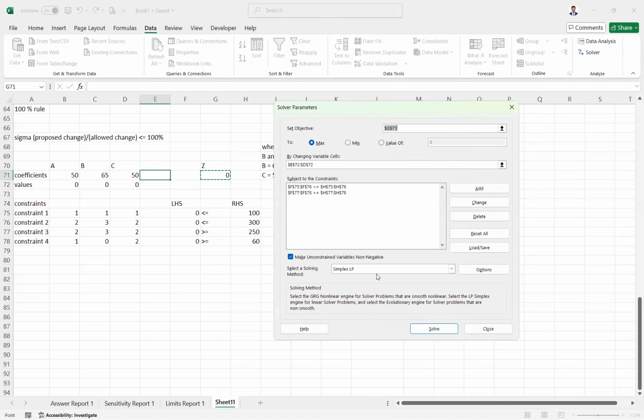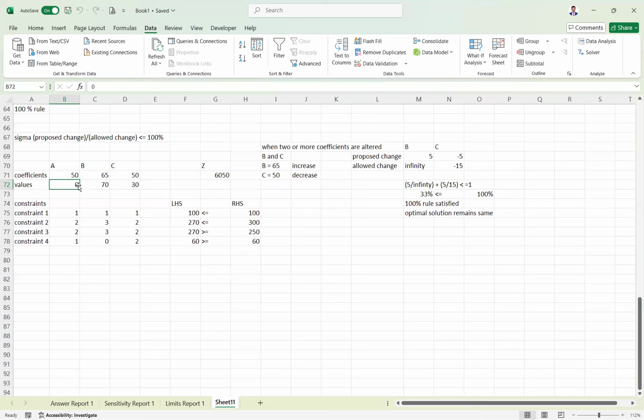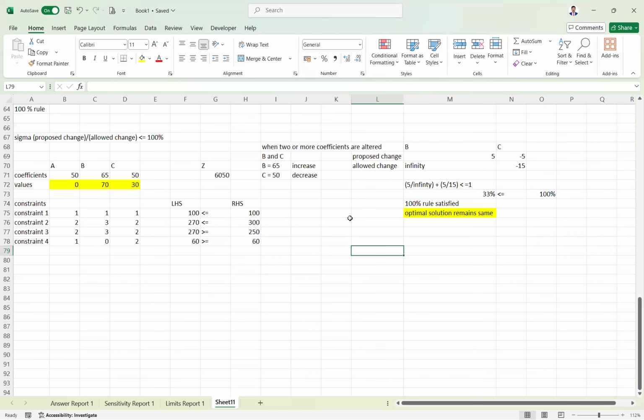So we have given everything: Simplex, Solve. So see, again 0, 70, 30. What did we say? The optimal solution remains the same. So that is the interpretation from sensitivity.